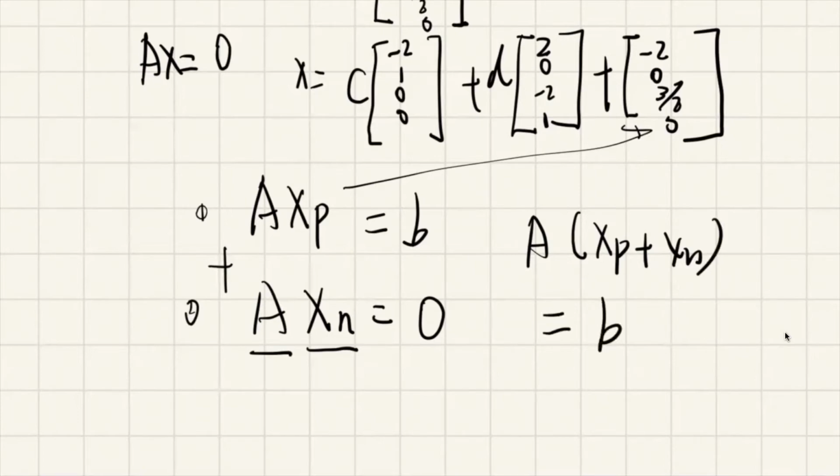It means that with the particular solution and the null space solution, we can get x here, and then with A we will get b. So xp plus xn will always be a solution for this equation, and that's what we have right here.